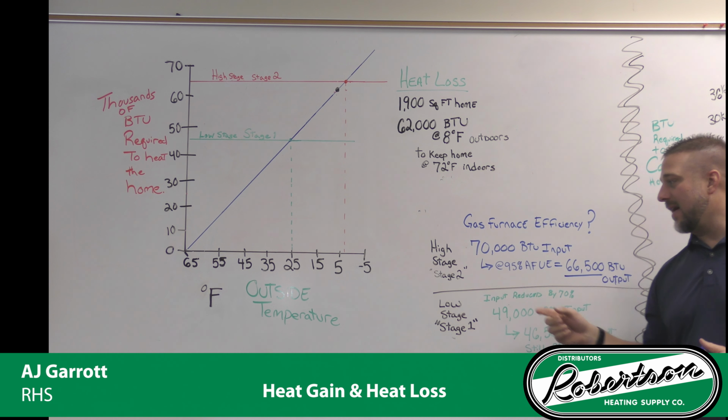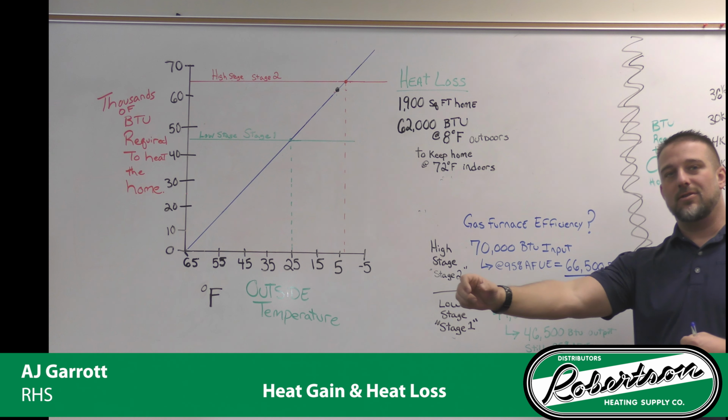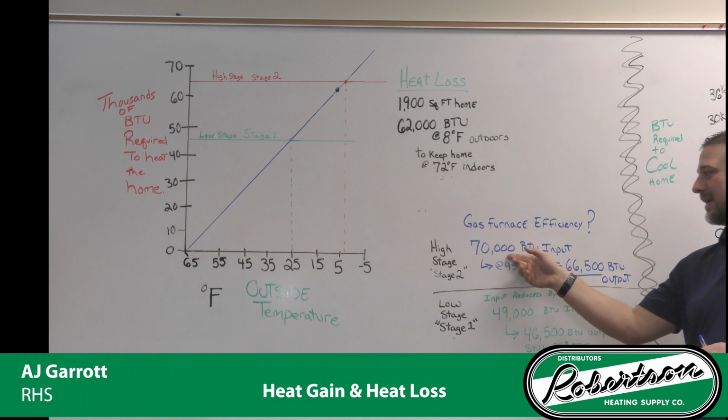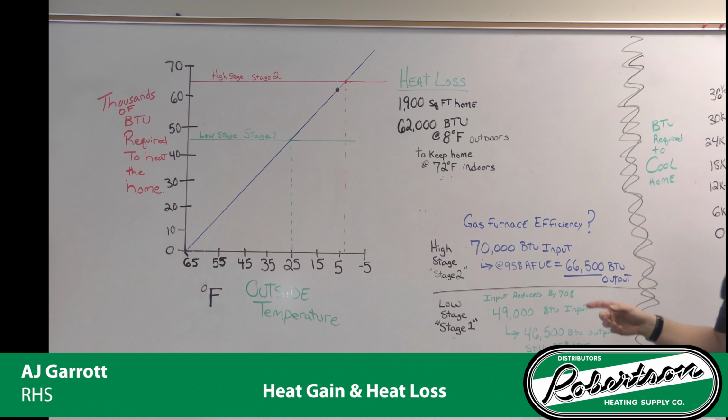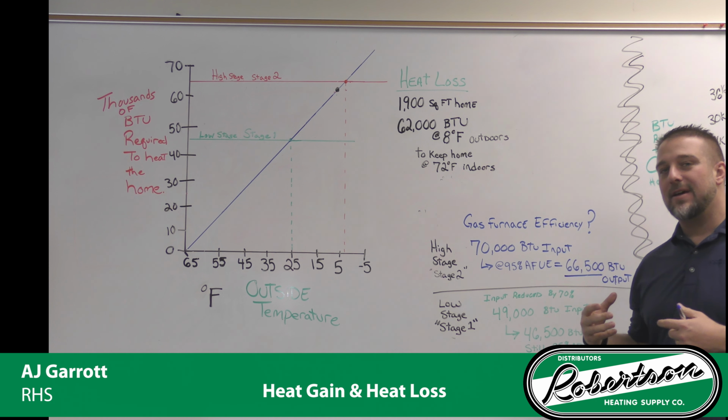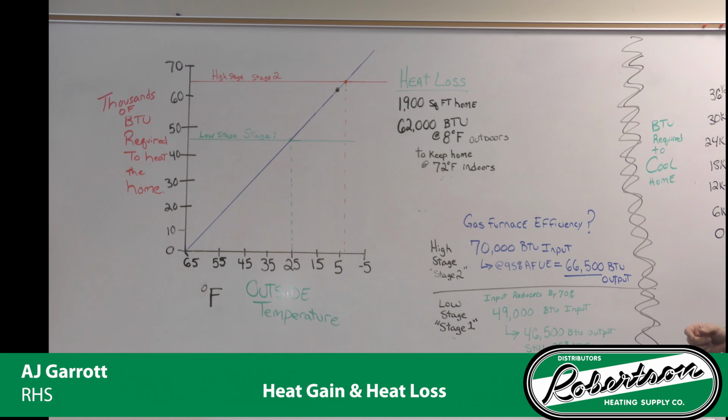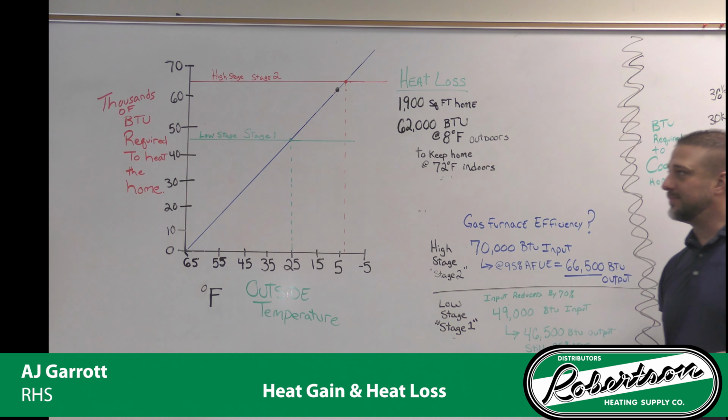So we're putting 70,000 BTUs into the furnace, and that's what the gas is actually burning. It is 95% efficient, so we're actually getting 66,500 BTUs of output. That is the heat that is actually going to go into the house to heat the house up. So let's plot this out on our chart.